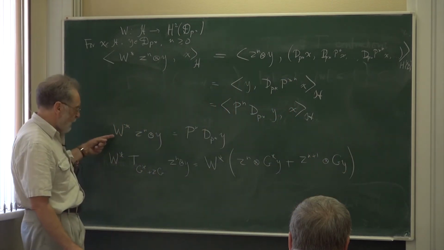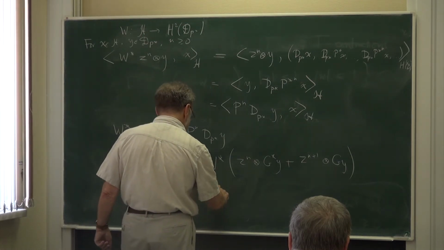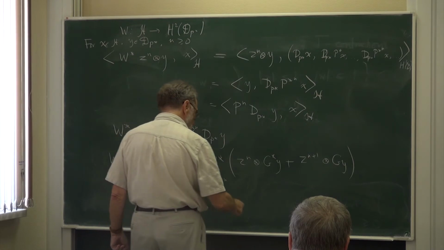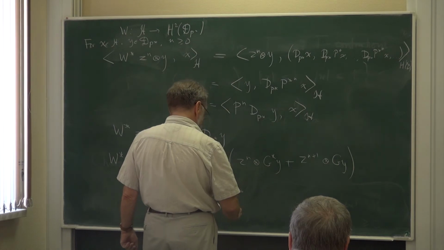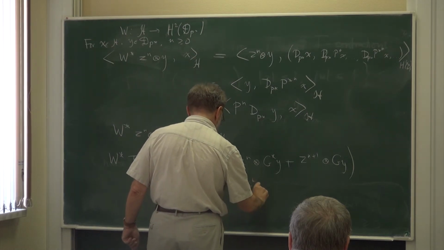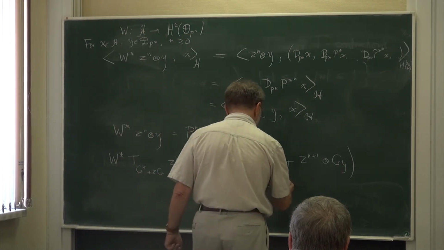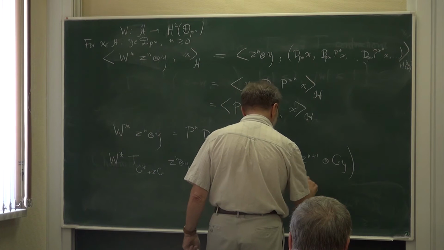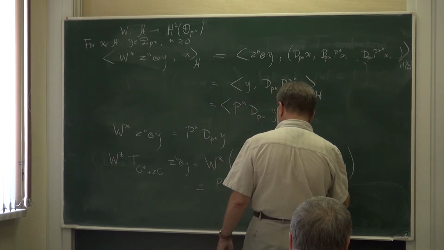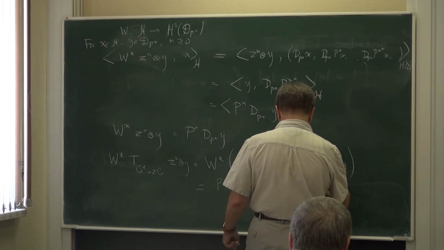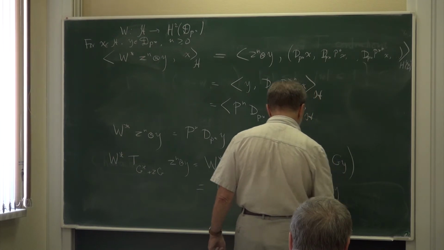And so from the formula in the previous line, that is P^n D_P* G* y from this term, plus P^(n+1) D_P* G y.